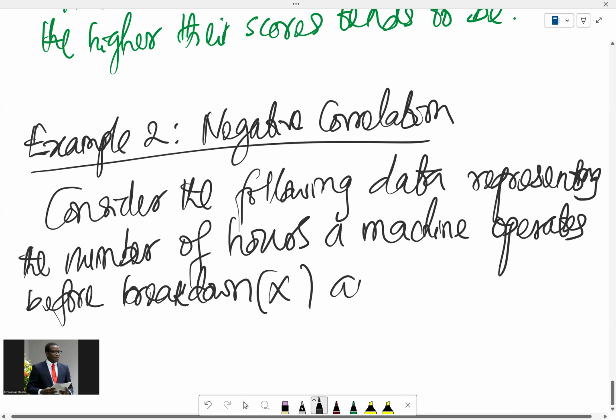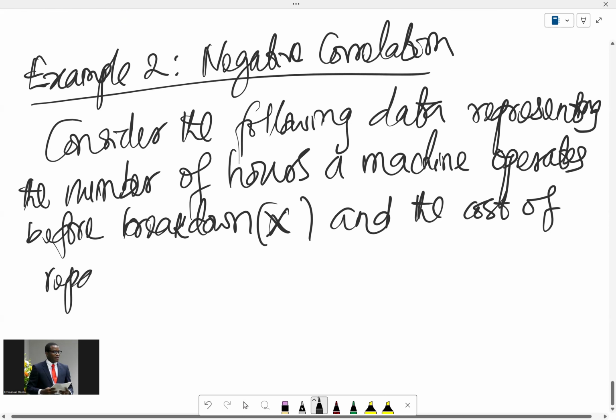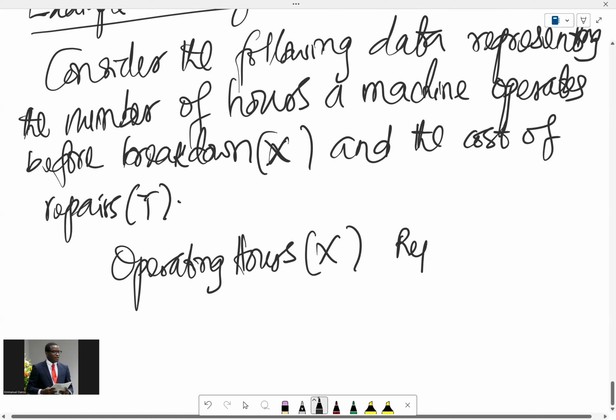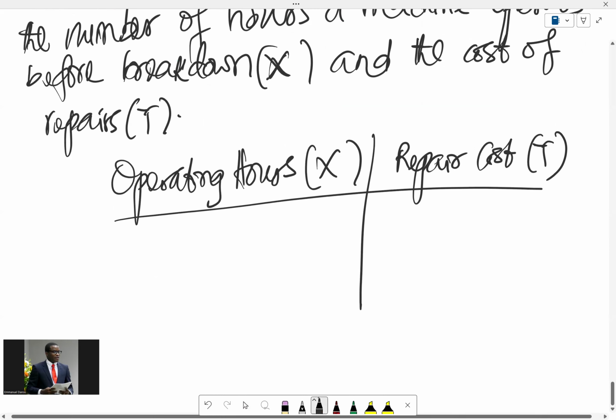That is X. And the cost of repairs, which is Y. So now we have operating hours, X, and then we have the repair cost, which is Y. So you want to do exactly the kind of thing I did using the formula.